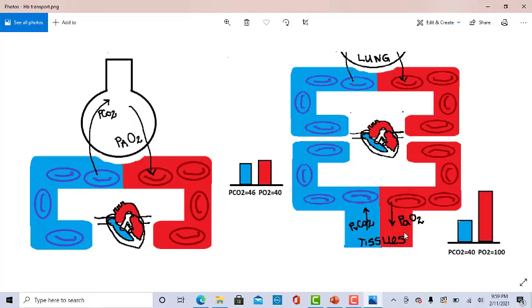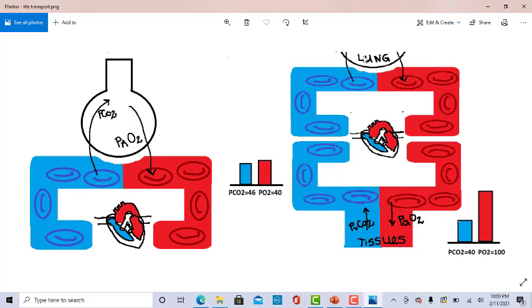They're going to be higher in CO2, higher in H plus ions, more acidotic, and that is going to make that hemoglobin have less affinity for oxygen. This is going to be that right shift in the curve. And when a hemoglobin has less affinity for oxygen, it's going to want to unload it. So it unloads that oxygen into your tissues and instead picks up CO2 and takes it out.